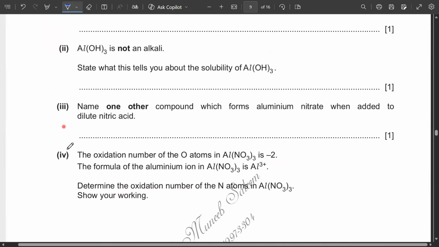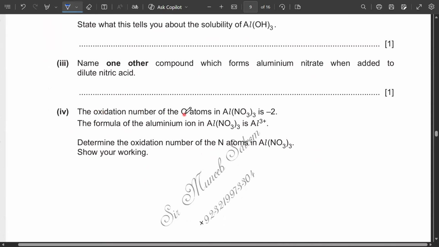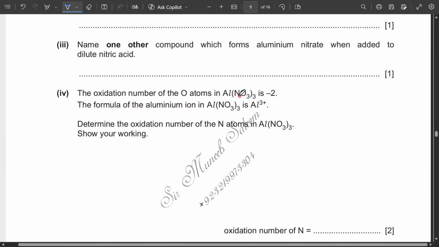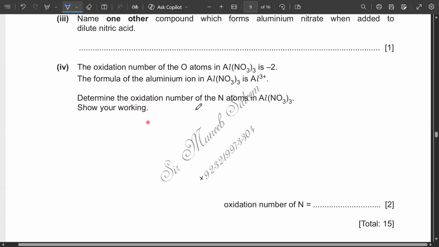Now in this part, the oxidation number of O atoms in aluminium nitrate is -2. The formula of the aluminium ion in aluminium nitrate is Al plus 3. Determine the oxidation number of nitrogen atoms in Al(NO3)3. Show your working. We need to find the oxidation number of nitrogen.